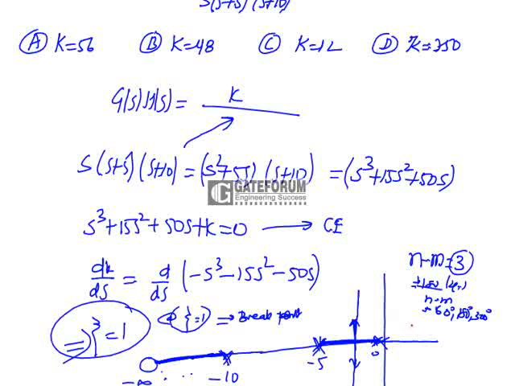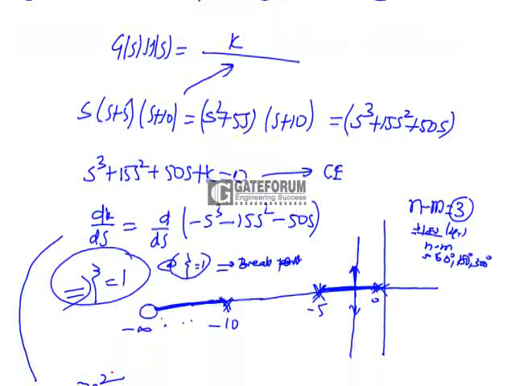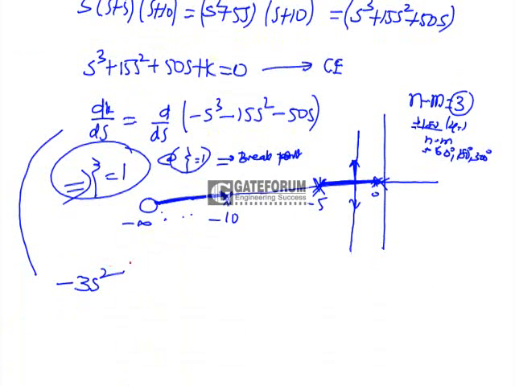Now what is dk by ds? dk by ds is given as the derivative of the characteristic equation with respect to s. So this is minus 3s square minus 30s minus 50 equal to 0. From this we can find that s is equal to minus 2.432 and minus 7.886.